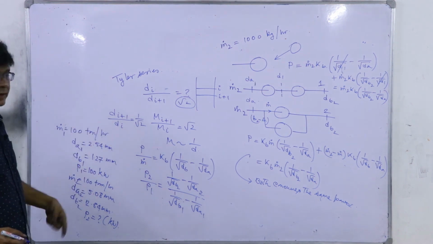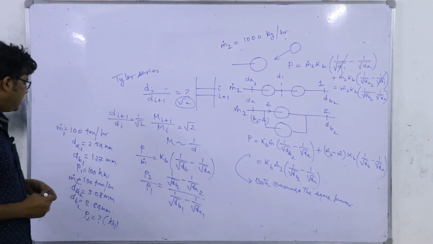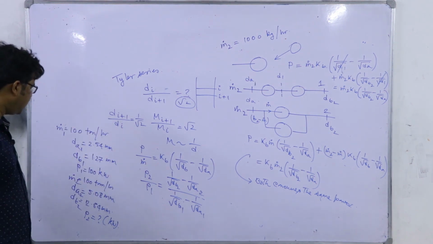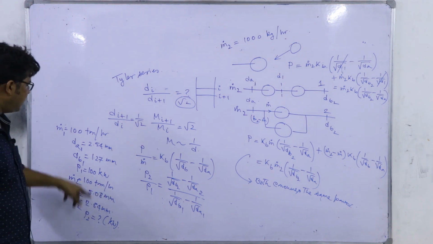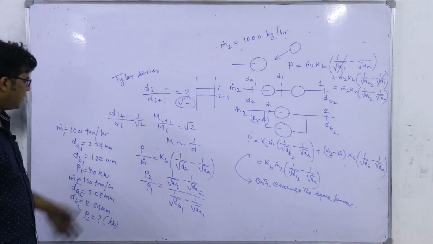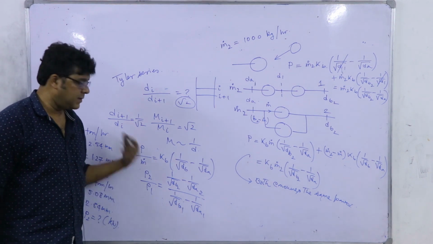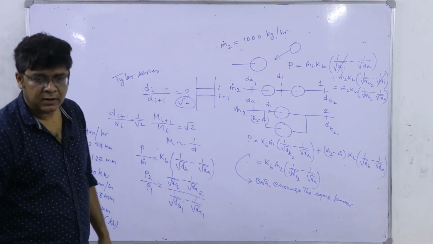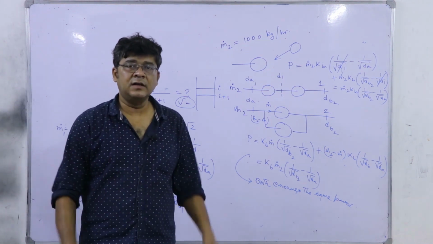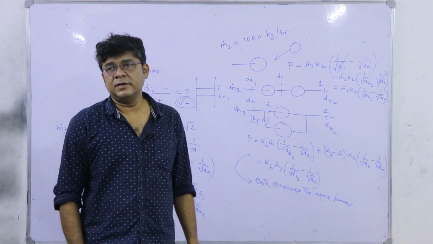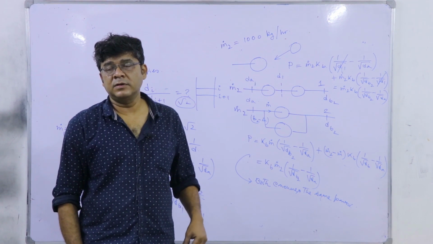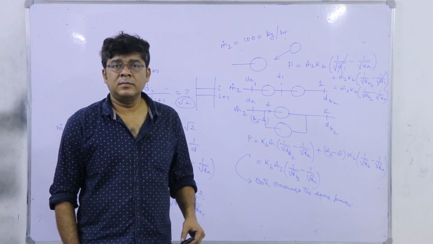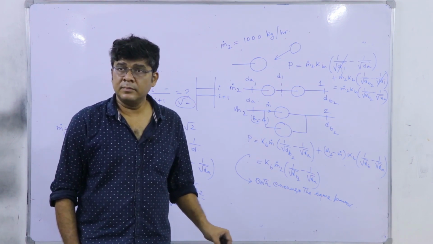If you substitute that, you will simply calculate the power P2, right? dB2 dA2 are given, dA1 dB1 are given. So m dot has no role to play because the m dots remain the same. So that's all about the mechanical operation tutorial class. In the next session we will be discussing the mechanical design.